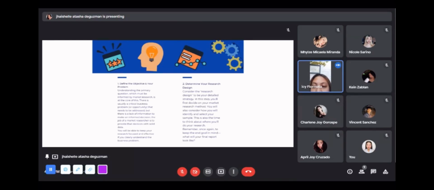The job of the researcher is to provide the decision with solid data. Business problems include things like how should we price this new widget or which features should be prioritized. You will be able to keep your research focused and effective if you clearly understand the business problem.